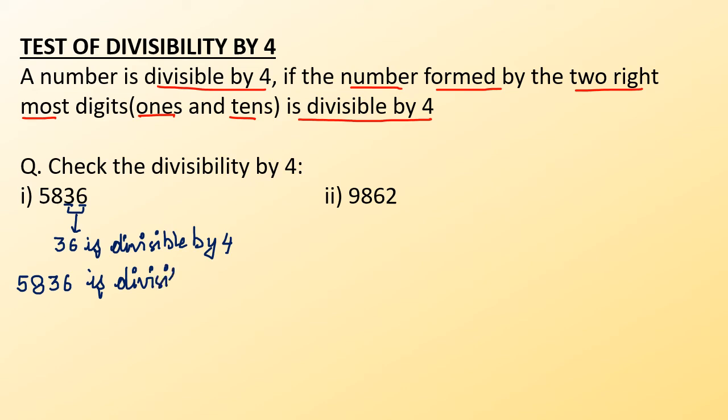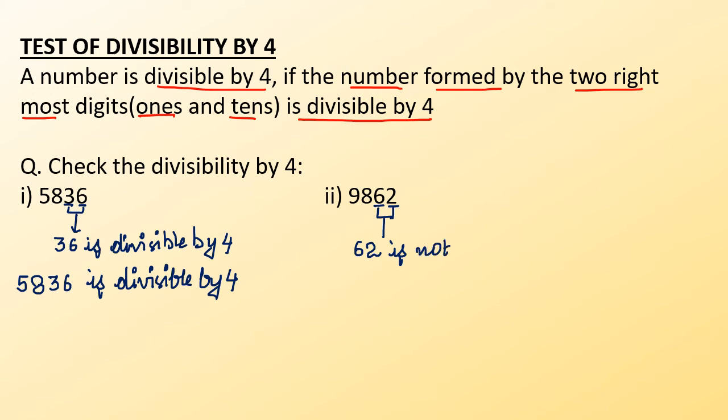The next number is 9862. Here we have 2 at the ones place and 6 at the tens place. Therefore, the number formed using these two digits is 62. Now, when you divide 62 by 4, 2 will be the remainder, as 62 is not divisible by 4.